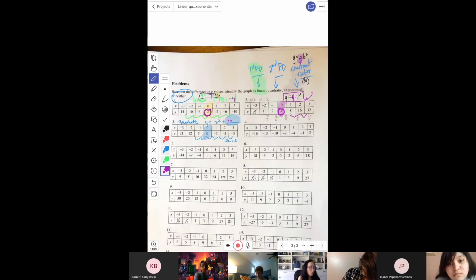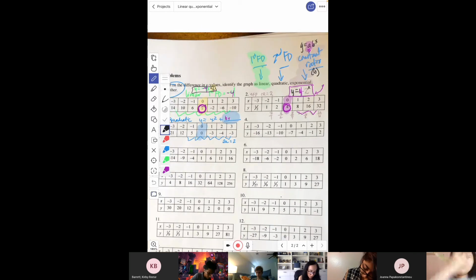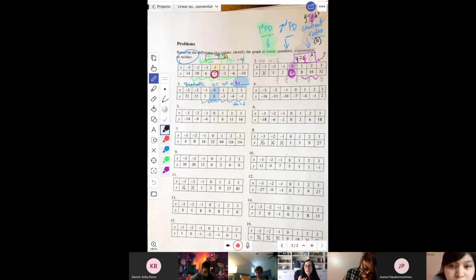Number 4, linear, quadratic, or neither. Let's just go through and discuss whether they're linear, quadratic, exponential, or neither. What was number 4? Anybody? Linear. It was linear. And what was the first finite difference? What was your slope? 3. Excellent.